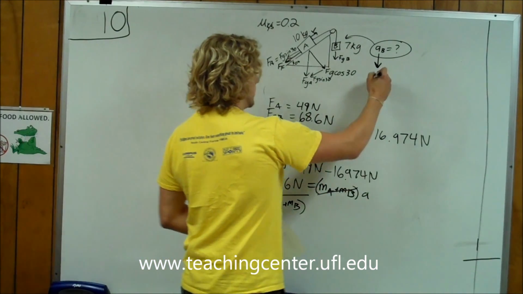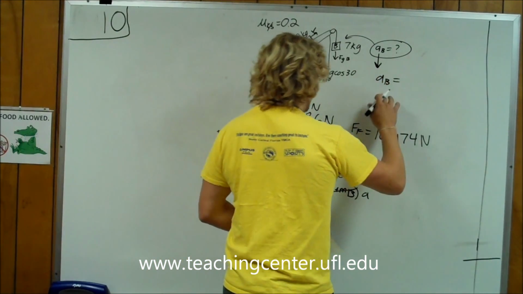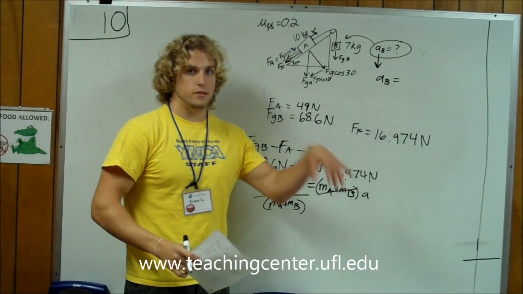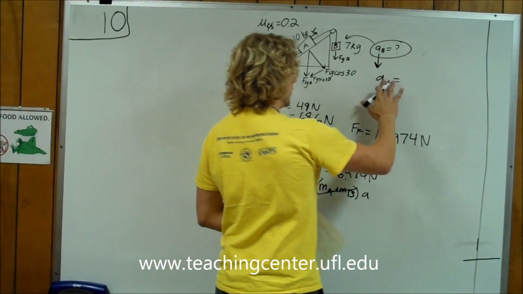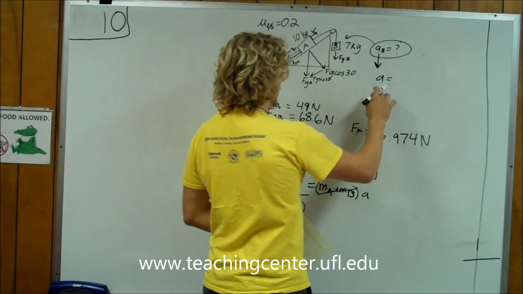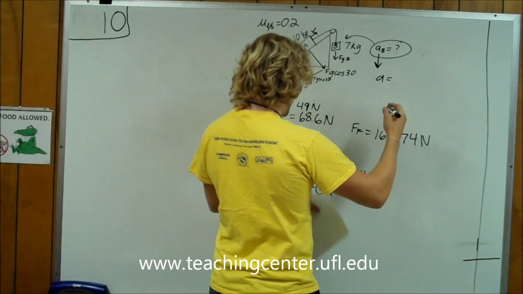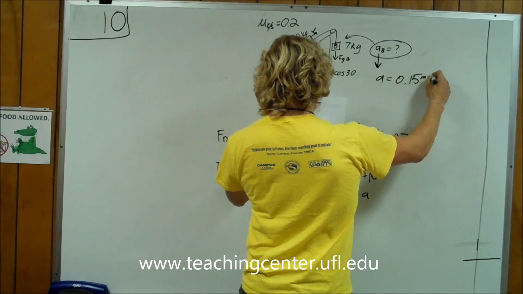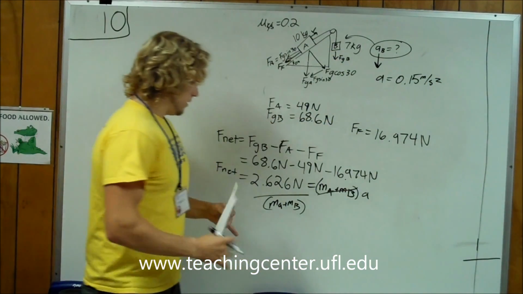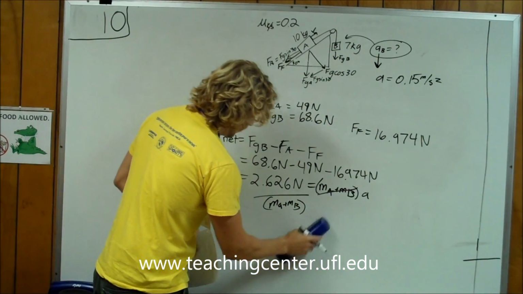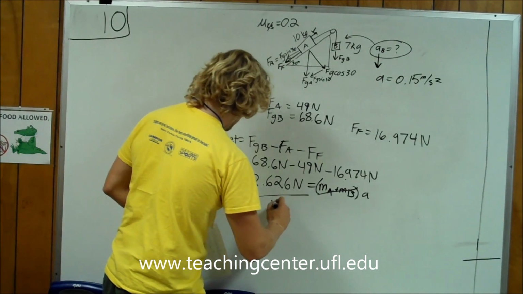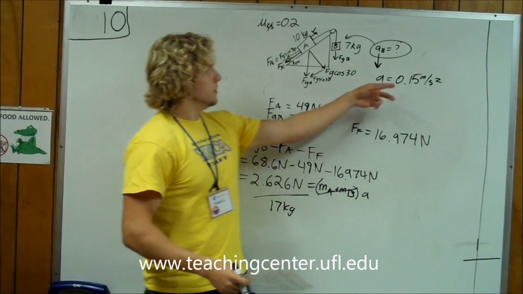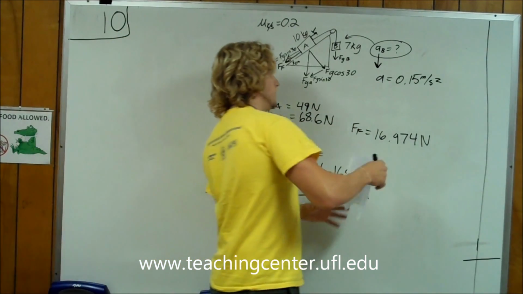This acceleration is of B and of A. They're tied together. They have to accelerate at the same rate. So the acceleration is going to be 0.15 meters per second squared, because this is going to be 17 kilograms, and that will end up being that. And that is the correct answer.